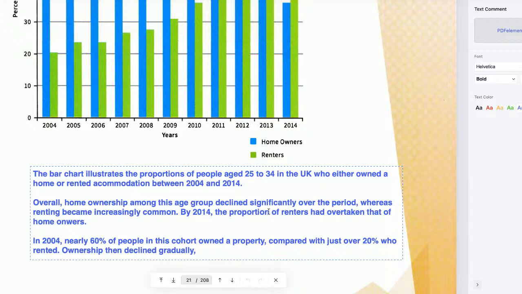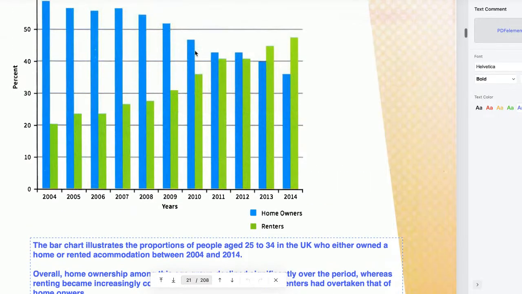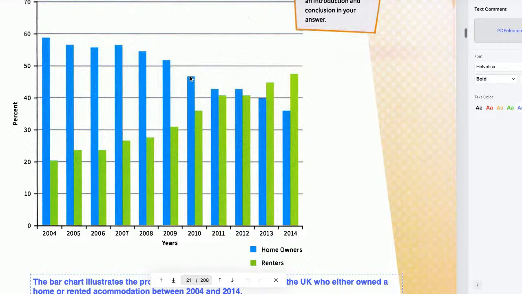Yeah, we can see something special in 2011 and 2012, right? Because they're kind of similar. Okay. Now we can try to say that ownership then declined gradually, and then let's try to pick up somewhere in the middle, maybe in 2010, just before 2011 and 2012.